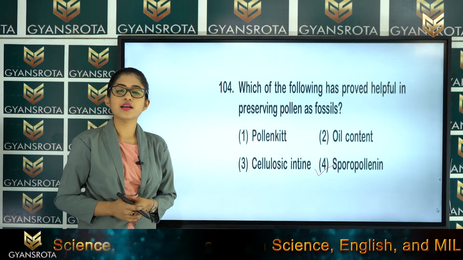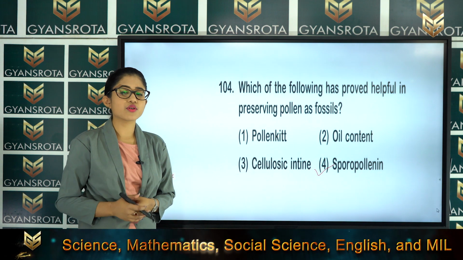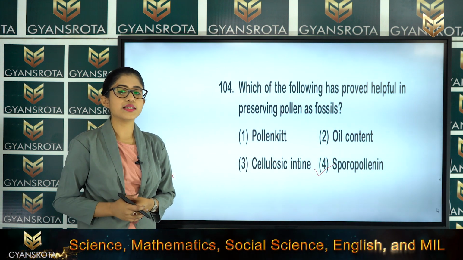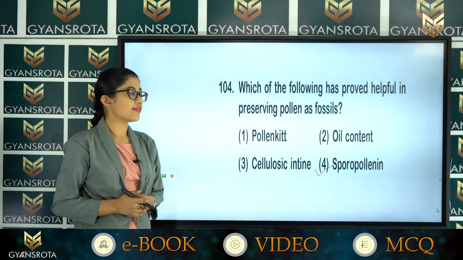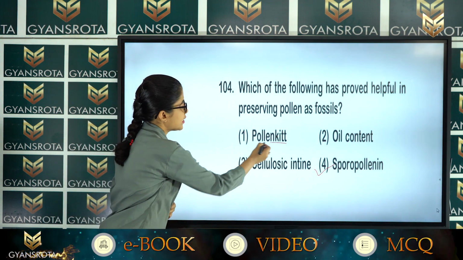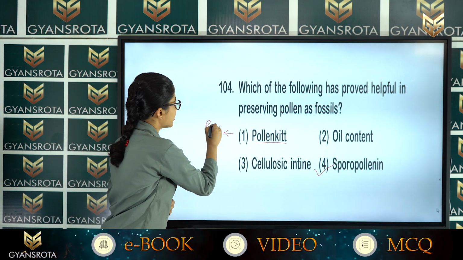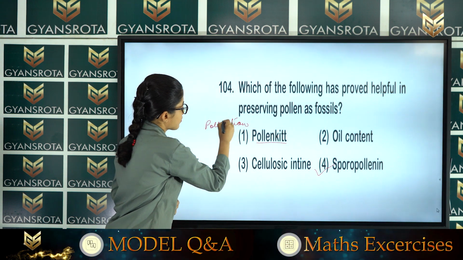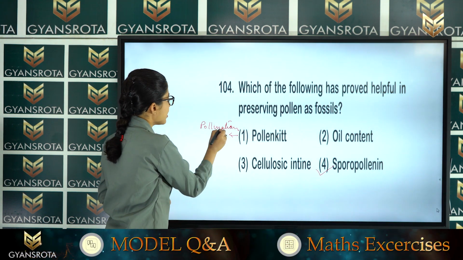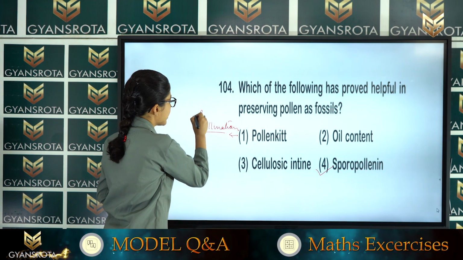Sporopollenin is the one for which no enzymes or chemical compounds have been discovered till now for its degradation, whereas the pollen kit helps in the pollination process of the insect, right?